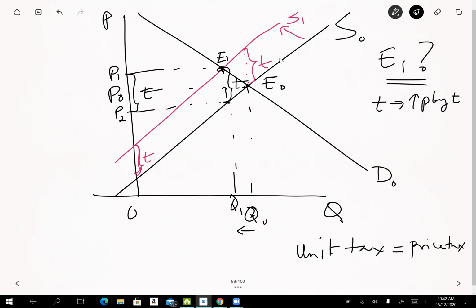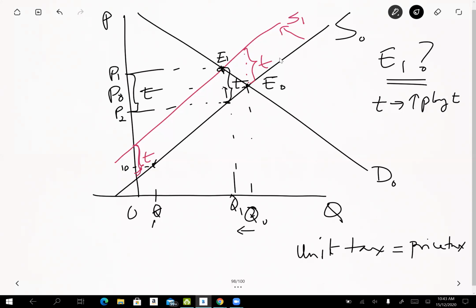Now to see how, you look at the Q. For each Q, say Q1, let's say this is 1. At Q equal to 1, suppose the price, you call that price P0, which we already used, let's say 10.